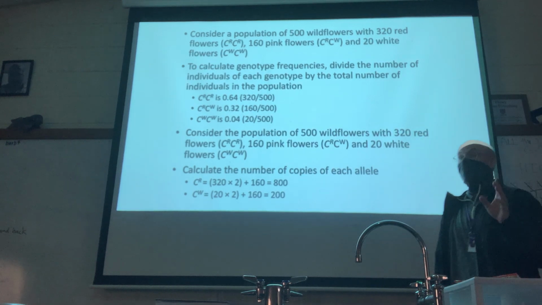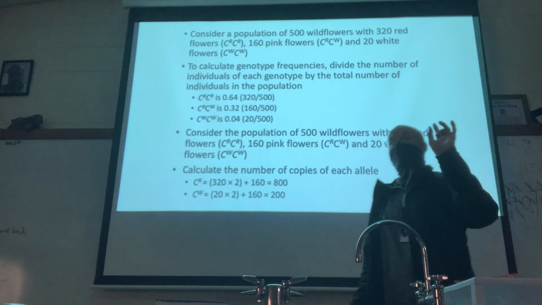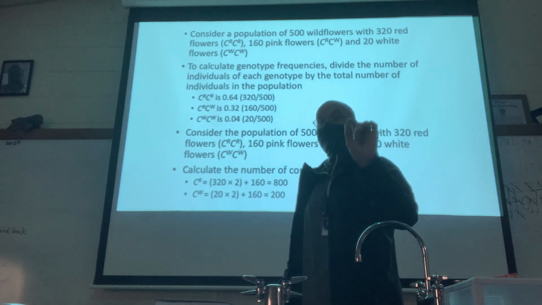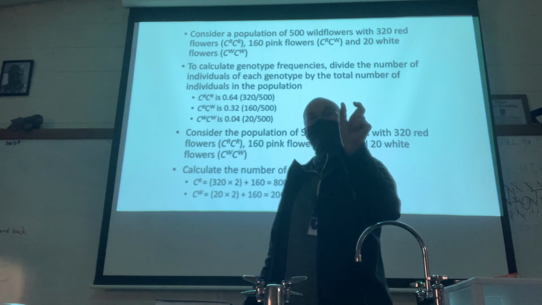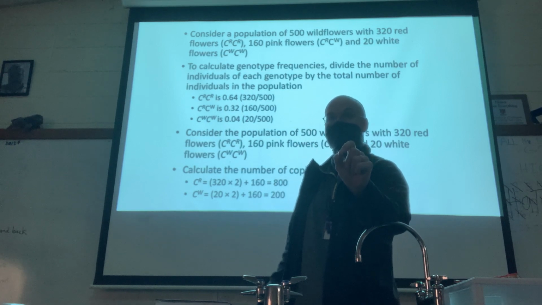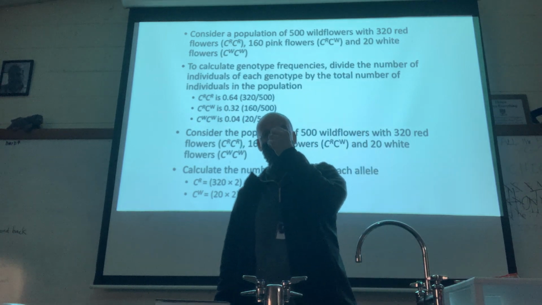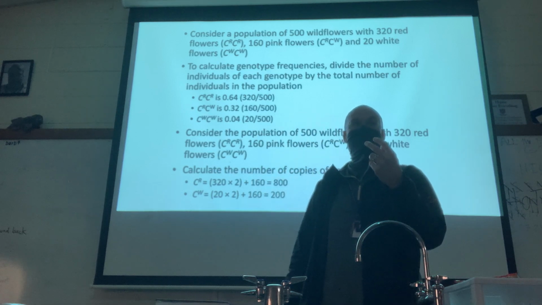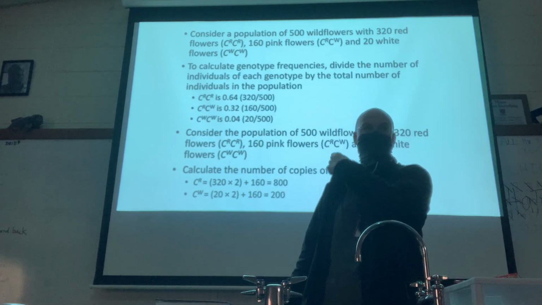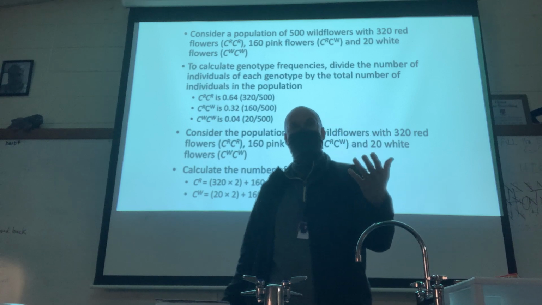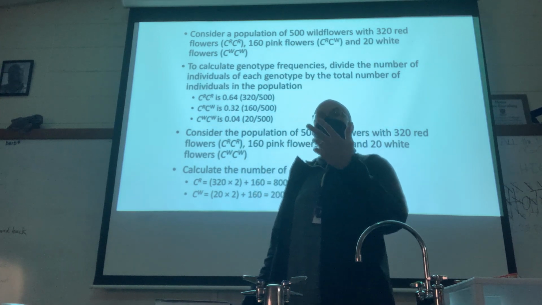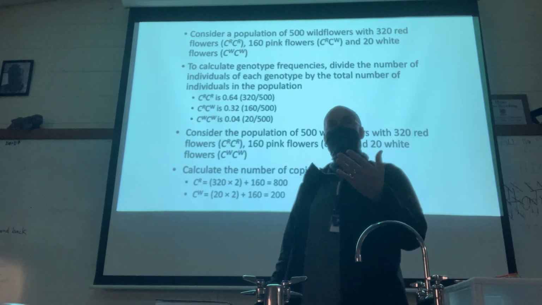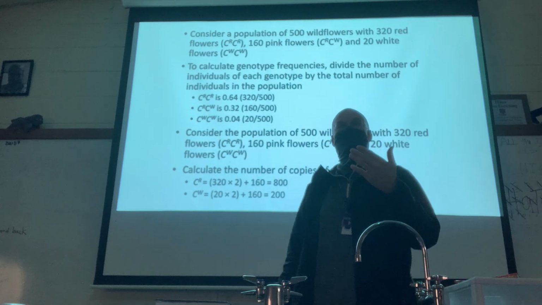Now, in order to figure out information about specific, not individuals, but the genes those people are carrying, you have to keep in mind: how many genes is a plant, in this case, going to have for this trait? How many alleles would you have per individual for this trait?